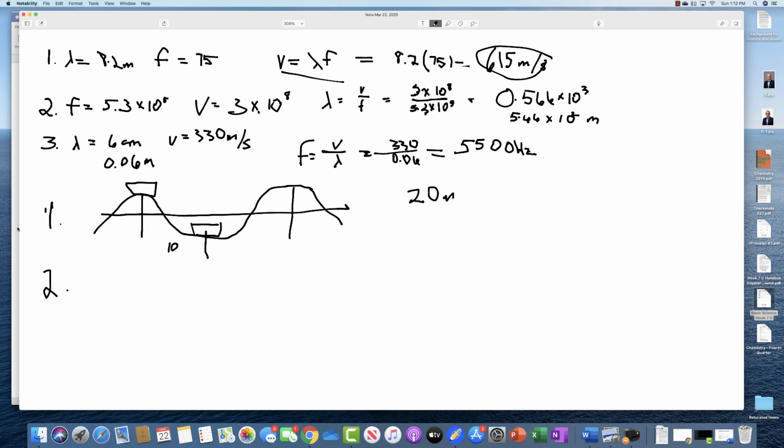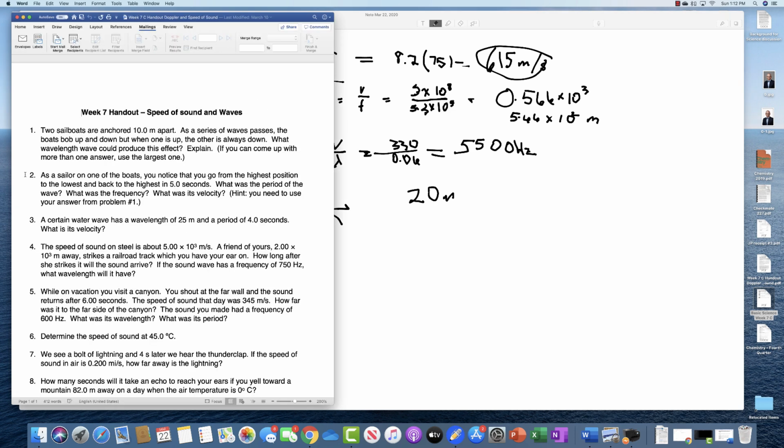Now, number 2 says the following. As a sailor on one of the boats, you notice that you go from the highest position to the lowest position and back to the highest position in 5 seconds. What is the period of the wave? What is the frequency? And what is its velocity?